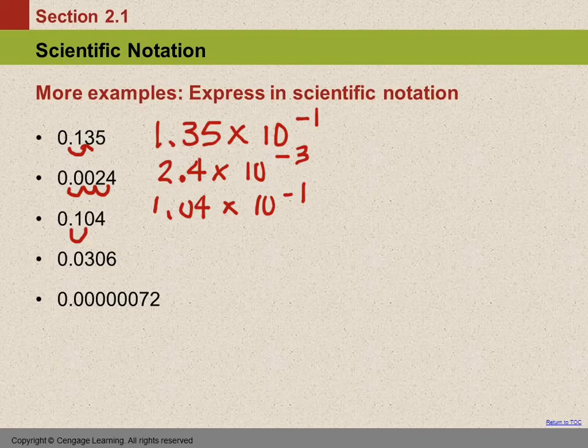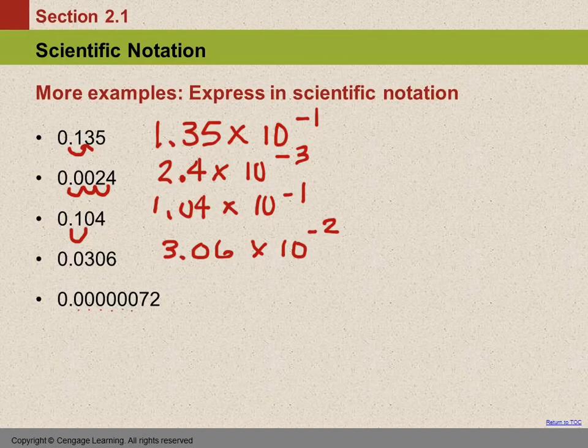How about this next one? It's going to be 3.06 times 10 to the what? Negative 2. Now this guy, I don't know about you, but when I look at that many zeros, I have to point and count them. 1, 2, 3, 4, 5, 6.